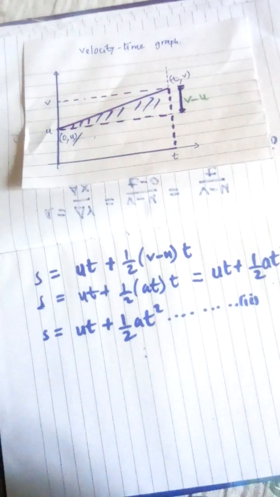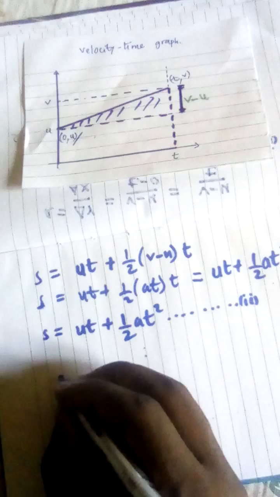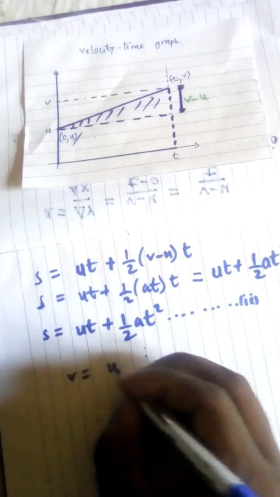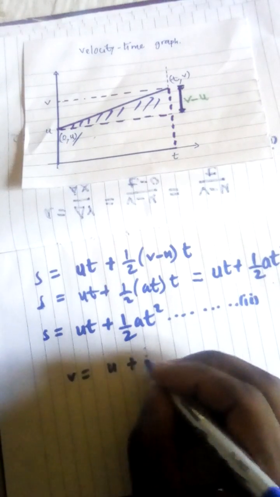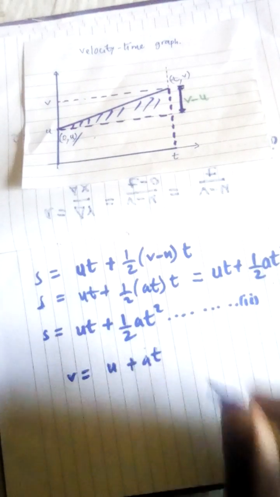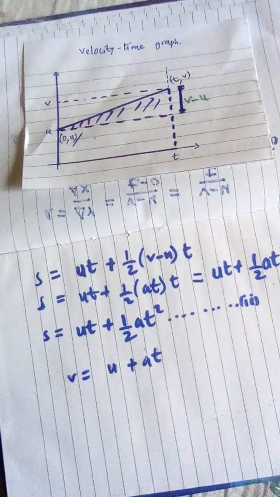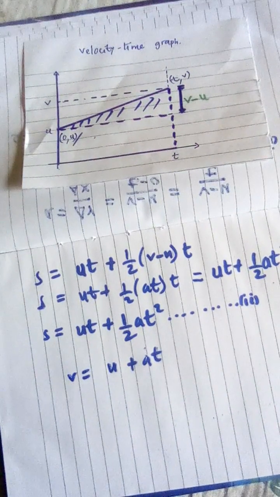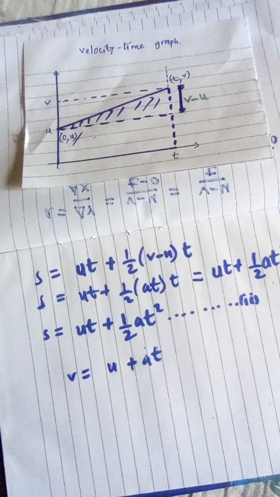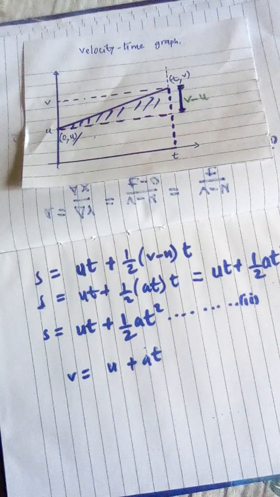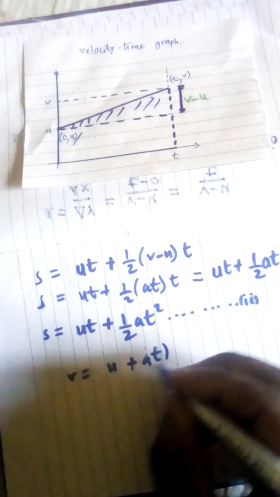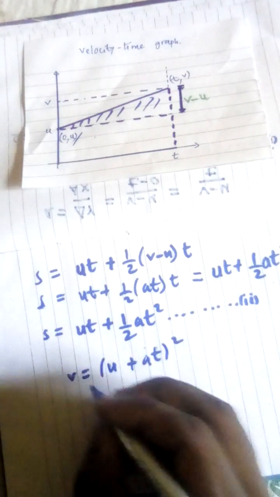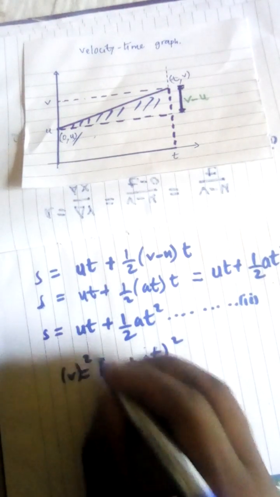To find the third equation, we square the first equation, square both sides.